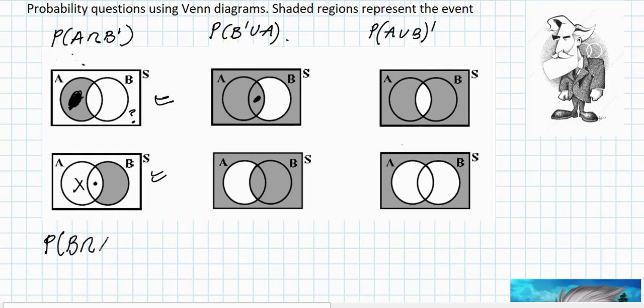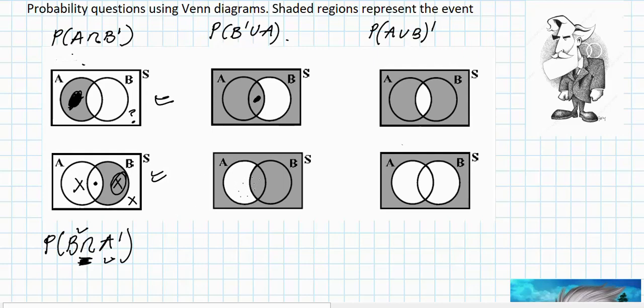So which means they wanted to shade something that has nothing to do with A. So places that have nothing to do with A is B and the rest of the sample space. But what they wanted was the intersection. So which means I'm looking for B intersecting with what is not A, and the only place where they intersect is right there.